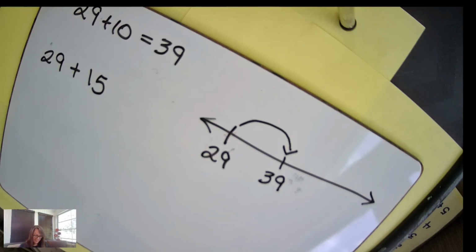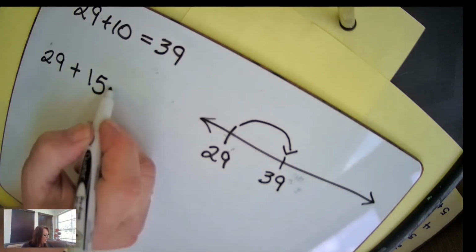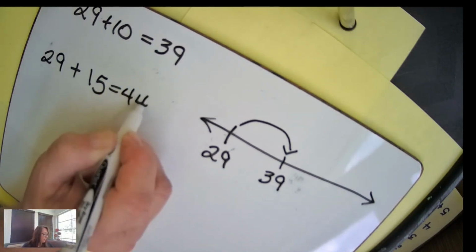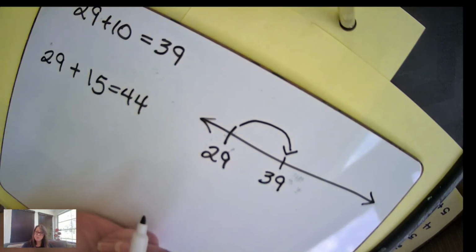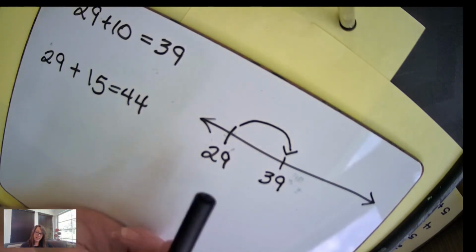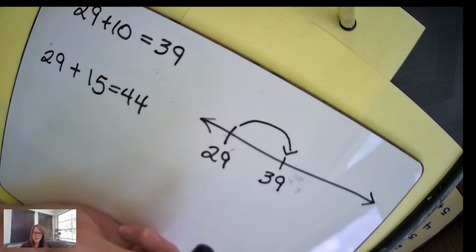Daniel, tell us what you think the answer is to 29 plus 15. Daniel says that he thinks the answer is 44. Do we agree or disagree with 44? All right, everyone says that they agree. The answer is 44. Daniel, tell us how you were thinking about this.